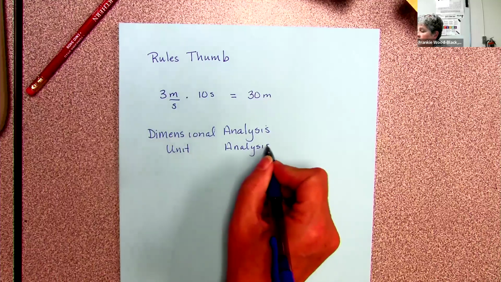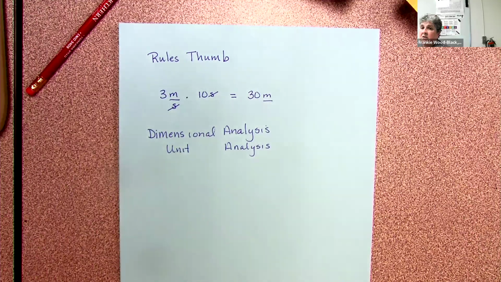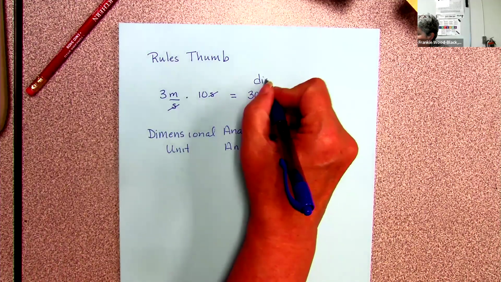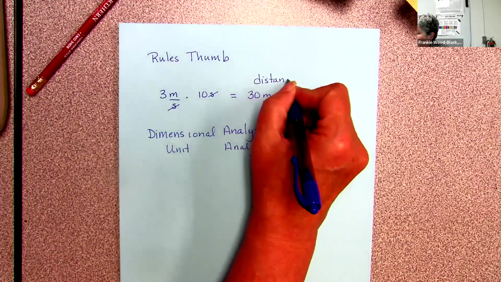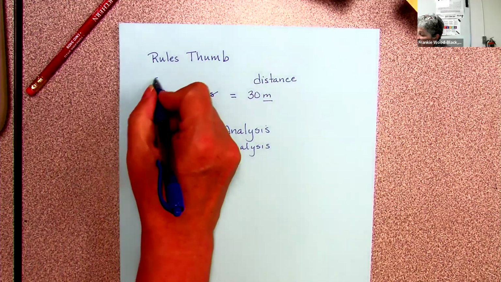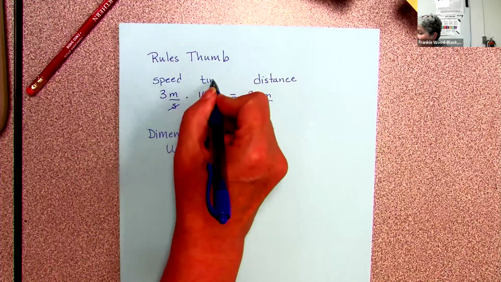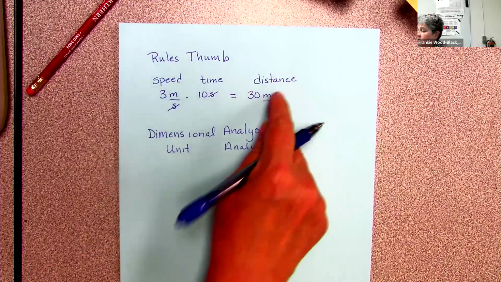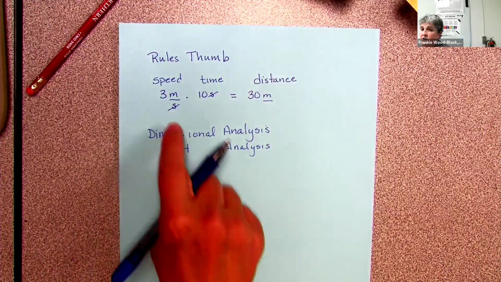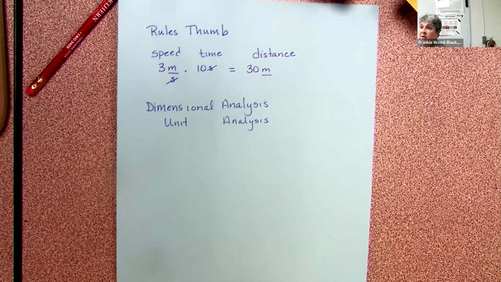And that tells us that if I have my seconds and I cross out my seconds and I end up with meters, and if we were looking for a distance, I've got a number that's got the right units. It has the right units of a distance. This was a speed, and this was time. So speed times time is going to give me distance, and I can use my units to make sure I did it correctly.